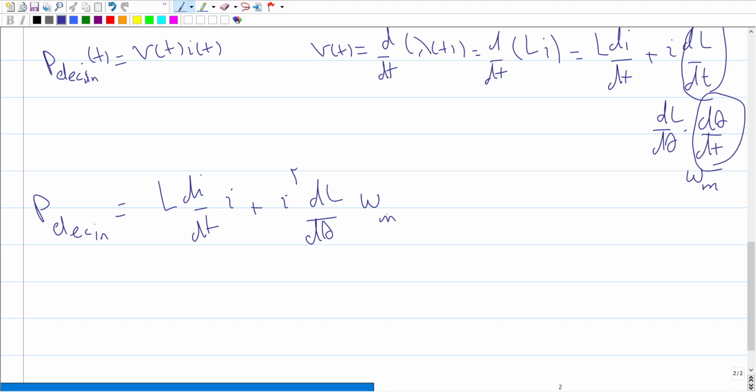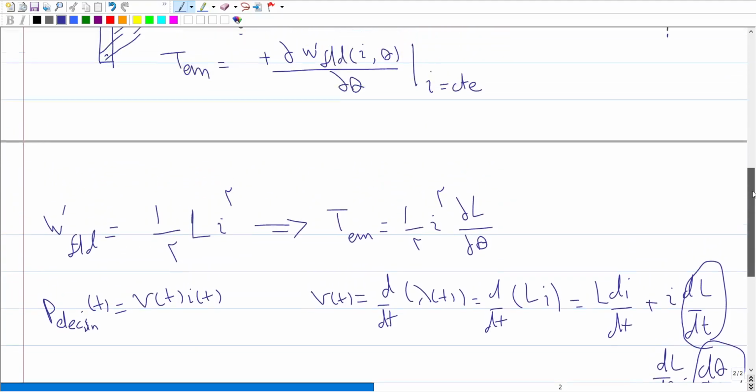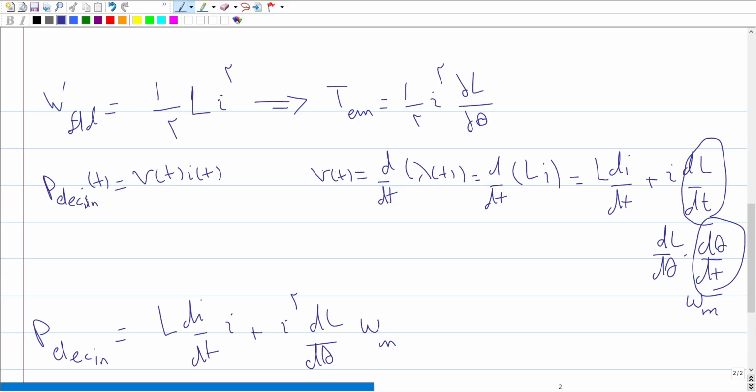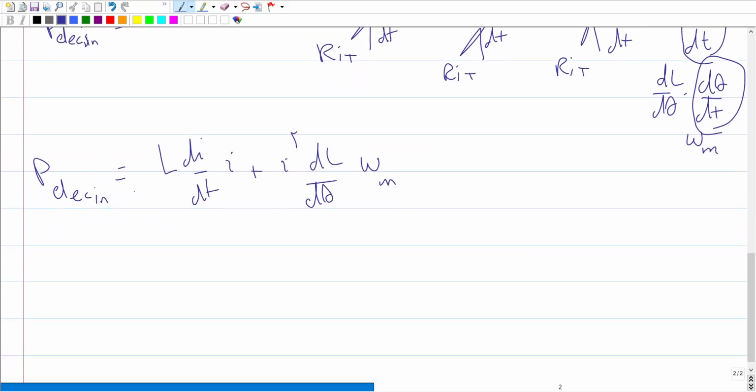And of course you can assume that there is a resistance for the winding, so here v(t) is r i plus this, so we will have r i² plus this.